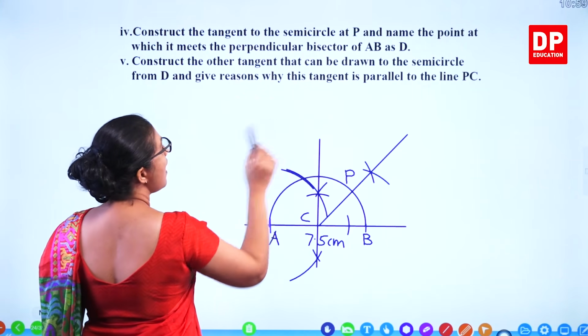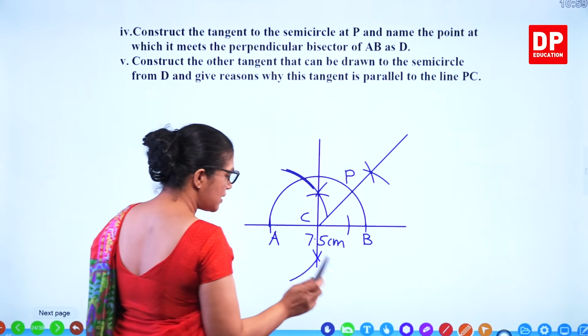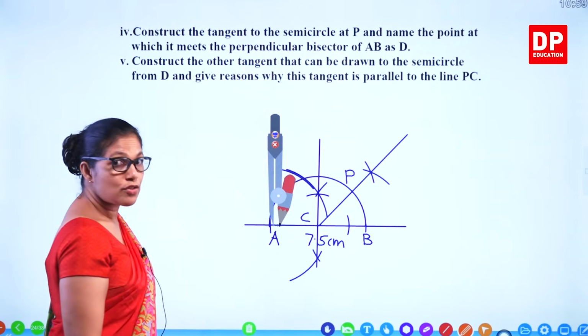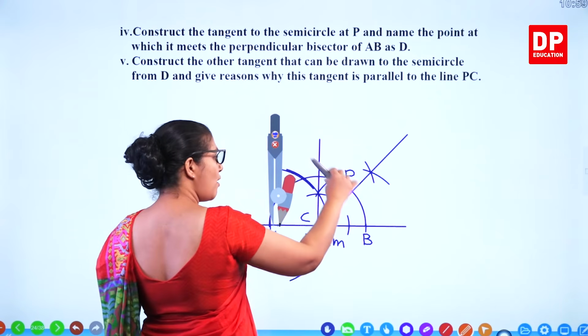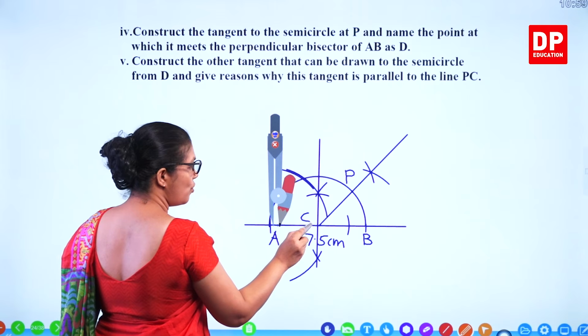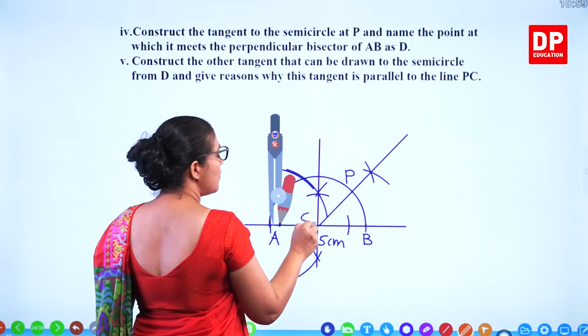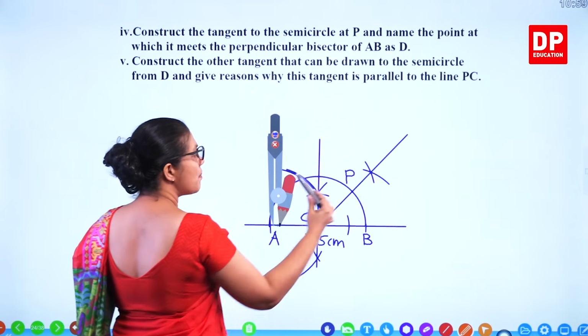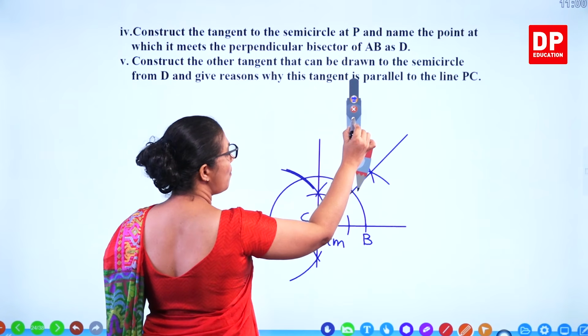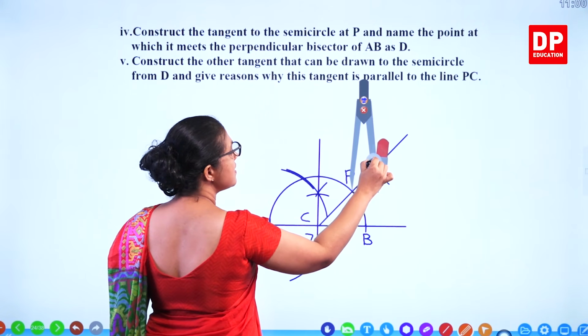That's this one as D. So how you draw a tangent line? You need the compass for that. So you draw a perpendicular line to this angle bisector, because when you draw the line, the radius is perpendicular to the tangent line. So keep on top of P, take any distance.